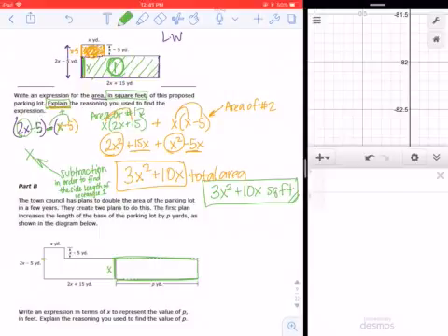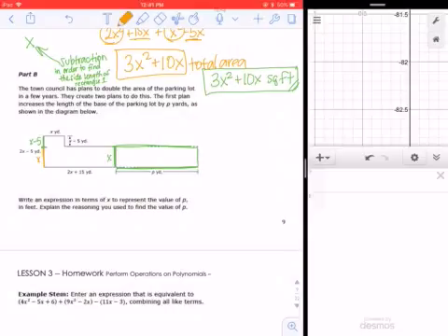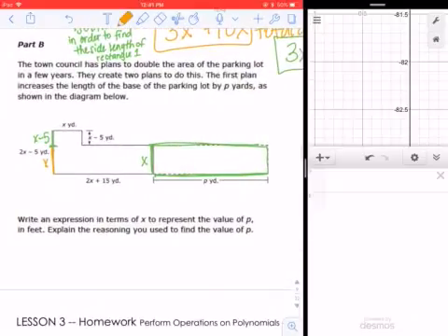If we chop it off, we have x minus 5 for this section, and x for that section, so that would be 2x minus 5 together. It says write an expression in terms of x to represent the value of p, so they want to know how big that is, and explain your reasoning.